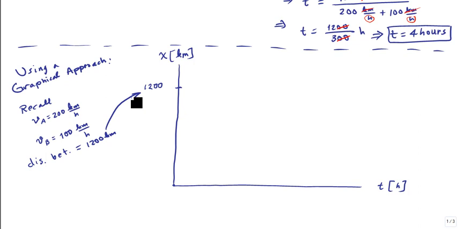Now, the fact that train A is moving at 200 kilometers per hour, we already said that algebraically this would mean that x sub A is equal to 200 times the time. This is distance is equal to rate times time, okay?